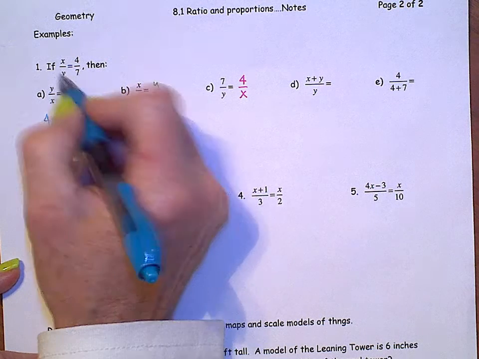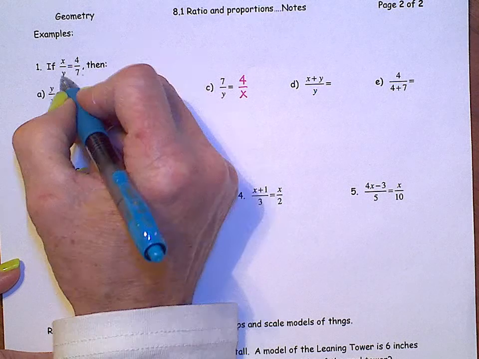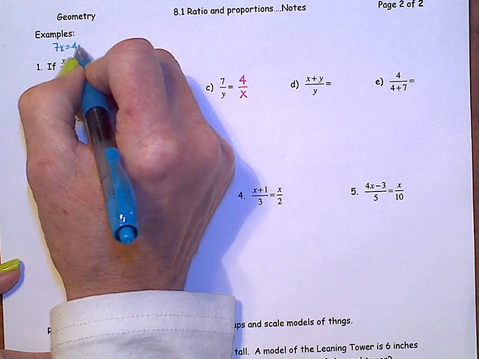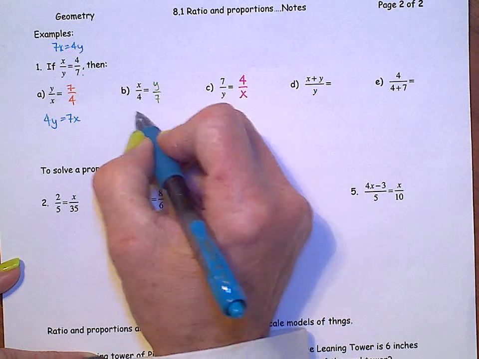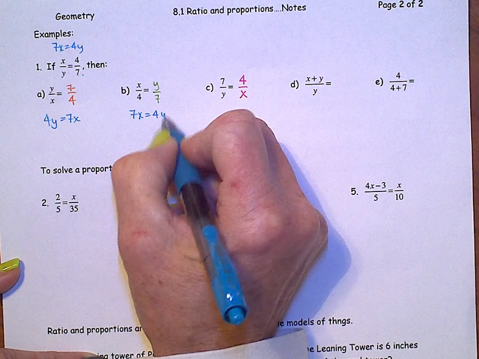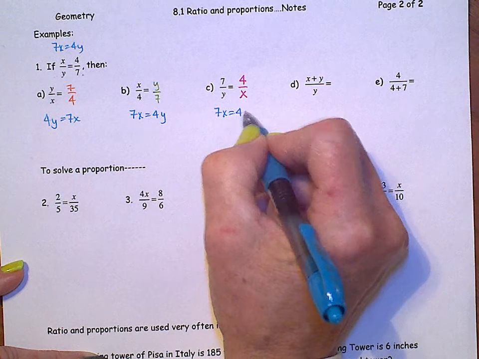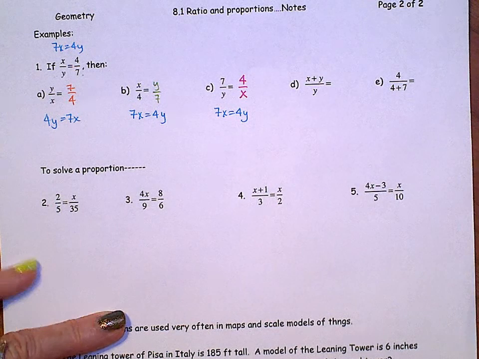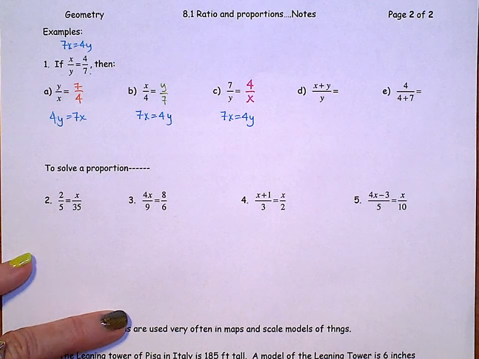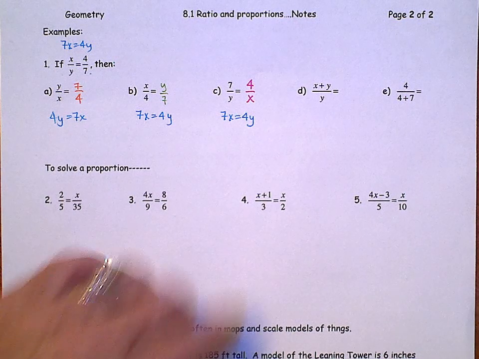Up here, 7x equals 4y. Down here, cross multiply, 7x equals 4y. Same thing here, 7x equals 4y. We have the same cross products all the time. That's important.